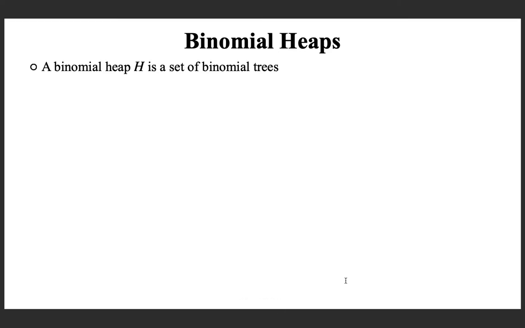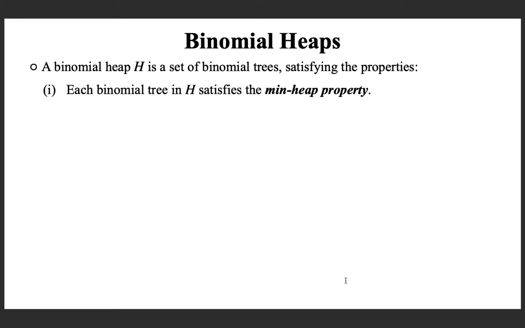A binomial heap H is a set of binomial trees satisfying two properties. One is that it is just a set of binomial trees, it must be a finite set. We can see an example, and when you look at that, you can easily understand what kind of set it is.